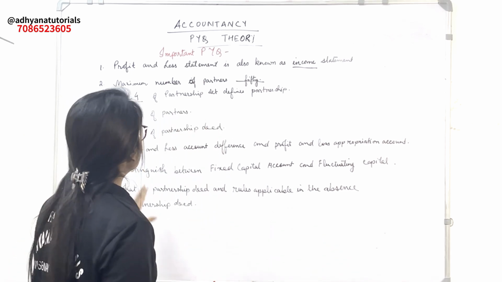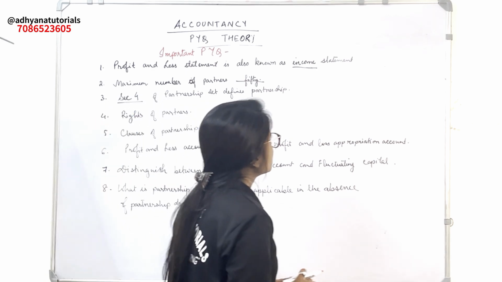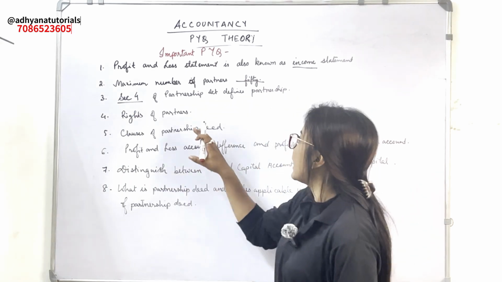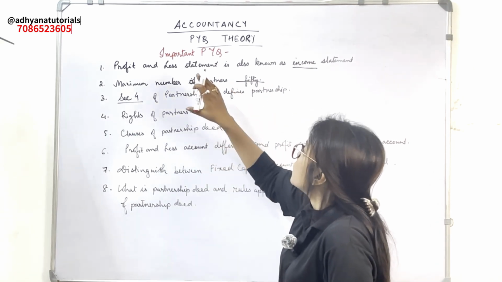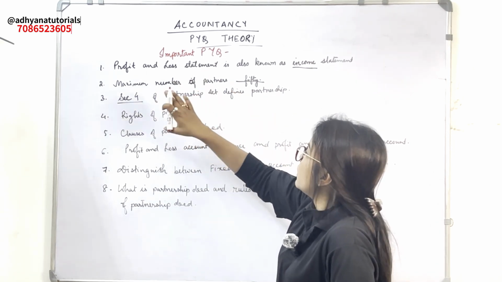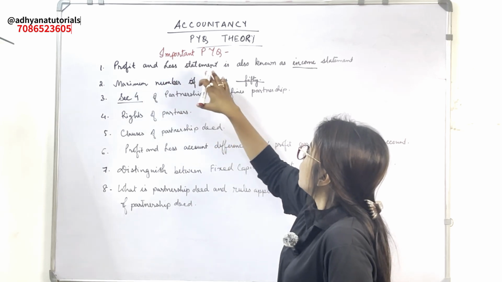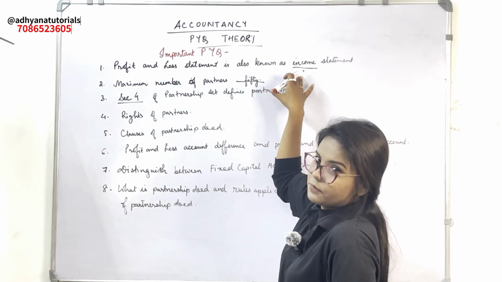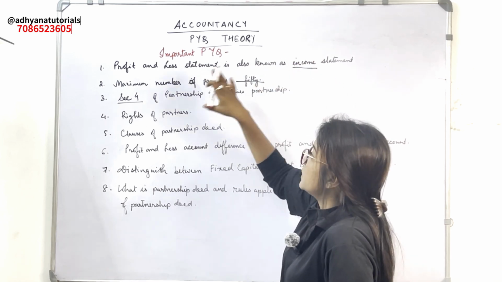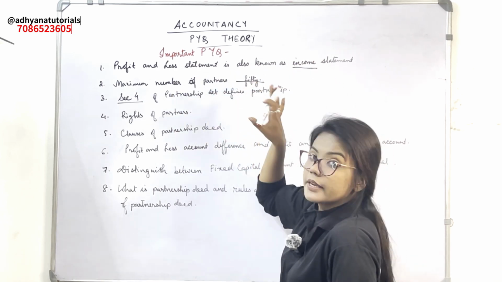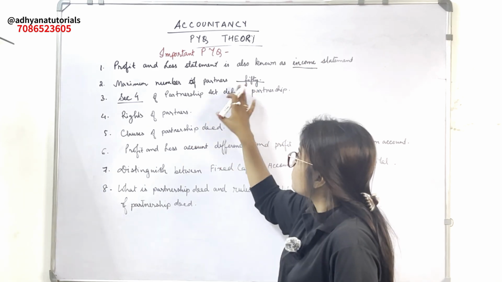Some of the questions I have seen frequently asked, maximum I'm not assuring you that these will come, but among them I have mentioned three. Profit and loss statement is also known as income statement, don't forget: PL statement is also known as income statement. Maximum number of partners in a partnership firm is 50.